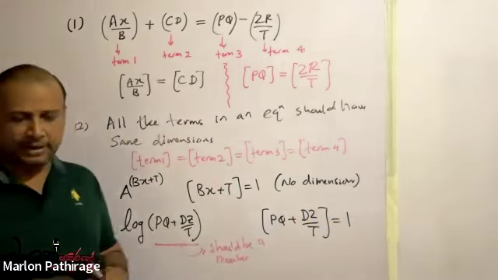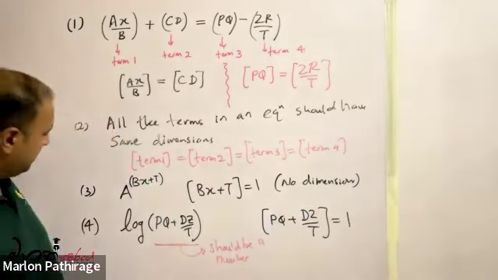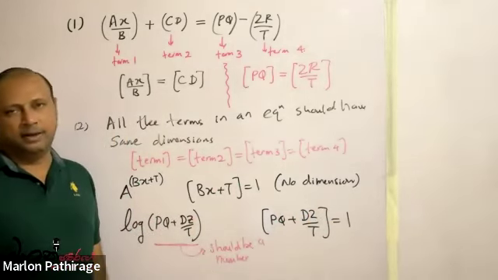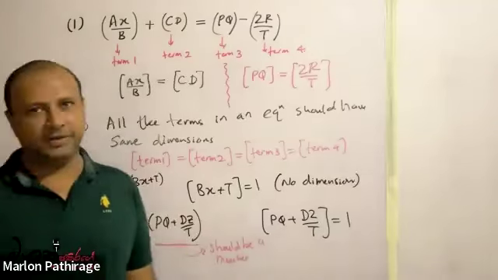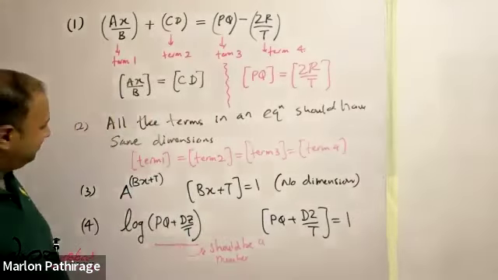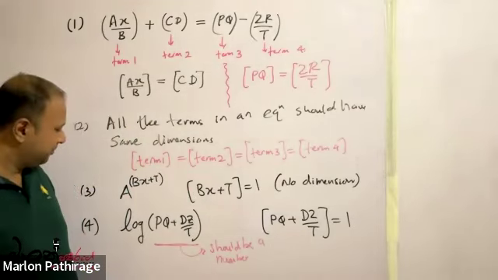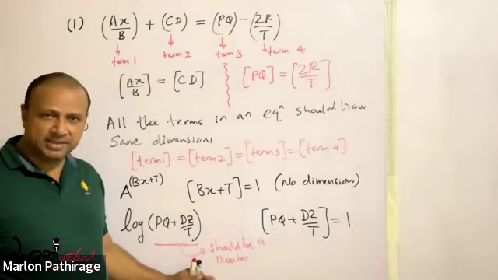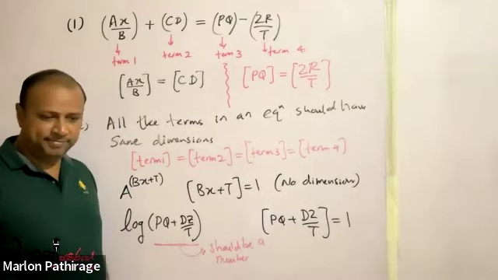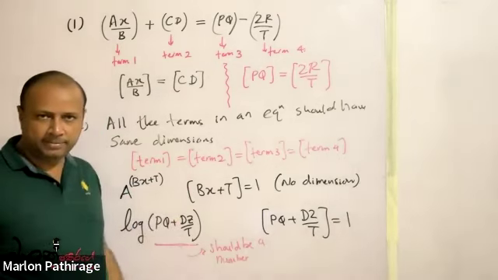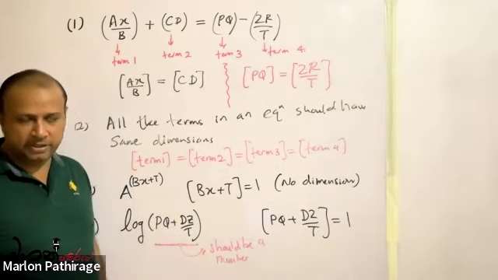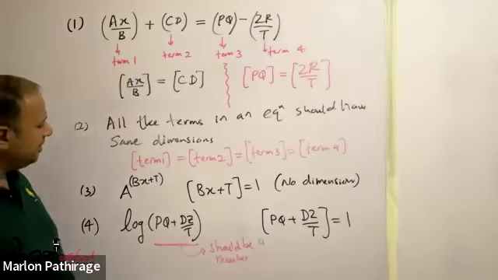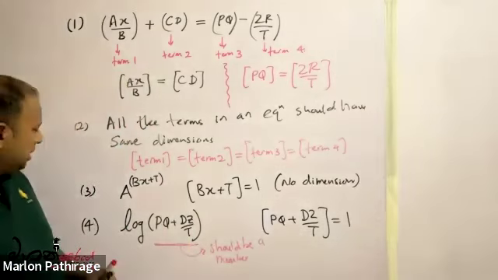One means it has no dimension. Therefore, we can use this rule when there's a logarithm function. And this is the fourth rule. When there's a logarithm function, the inside expression is a number. Therefore, it has no dimension. This is rule number 4.